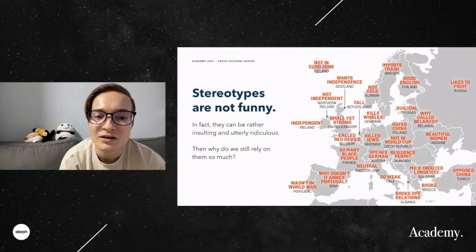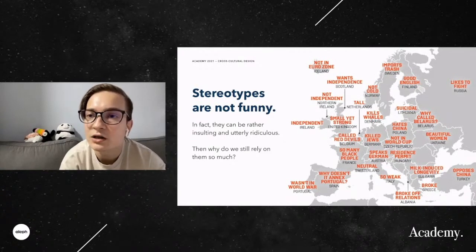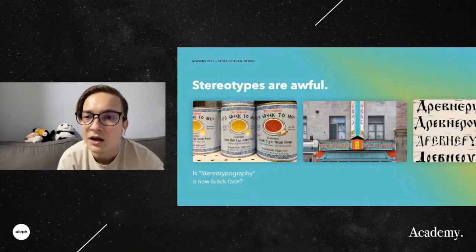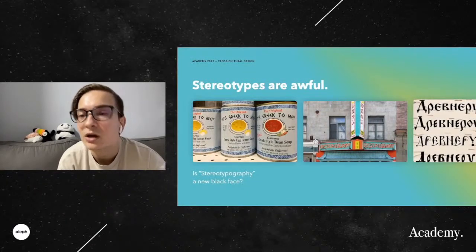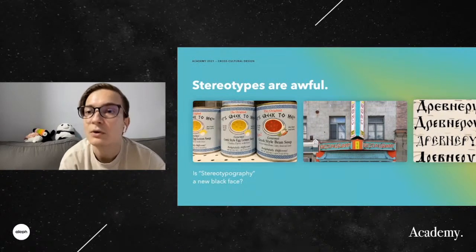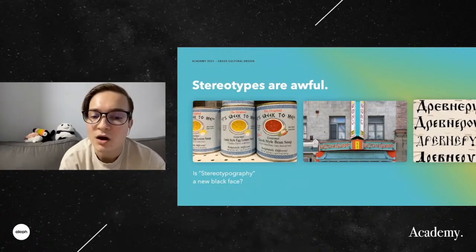Fakes rely on those stereotypes. They think that if they are convinced that this is how things work, that is exactly how it works with that particular market. And there are a lot of things that stem from it, like stereotypography, when the typography tries to imitate this authenticity.